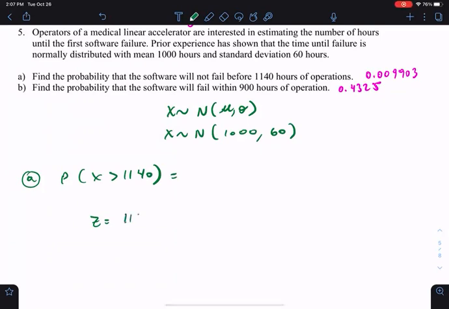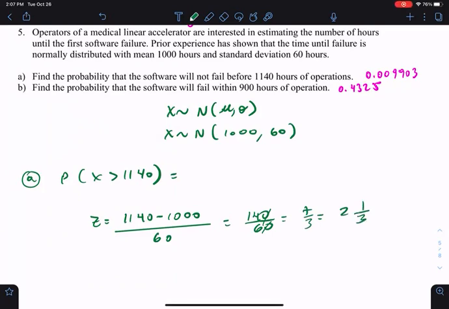So 1140 minus 1,000 over sigma 60. So this is 140 over 60, cancel. This is 7 over 3. So this is 2 1/3, so this is 2.33. So this is Z greater than 2.33. That's what we got.